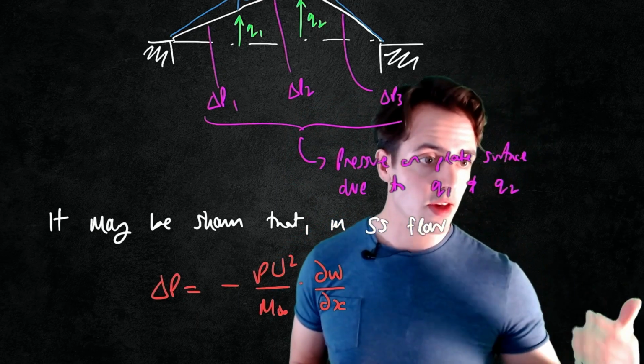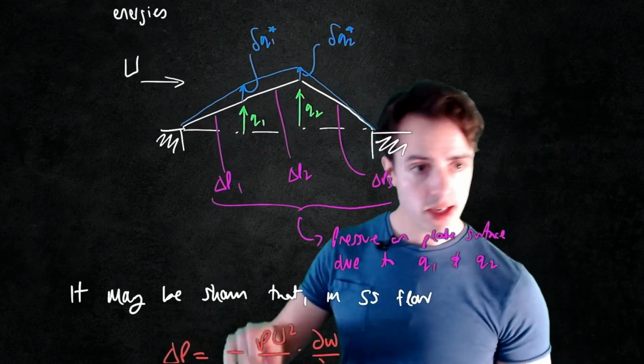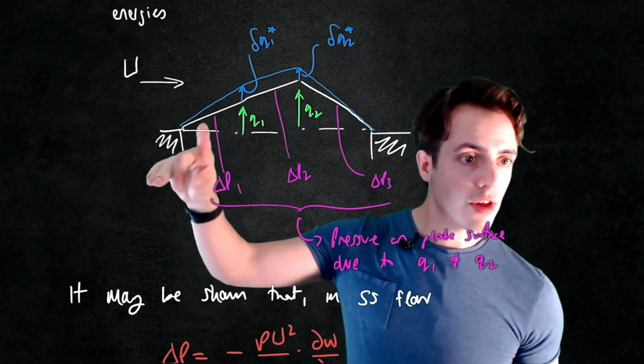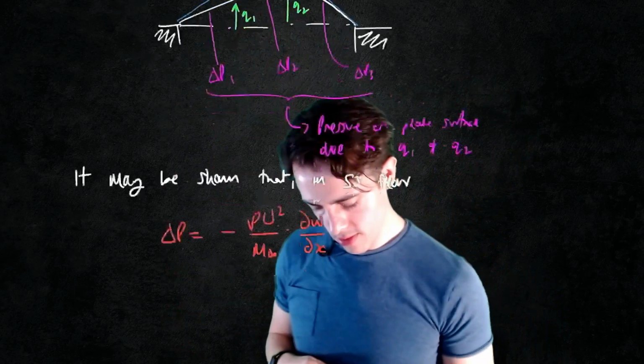So we need an energy associated with that, so we need the delta P multiplied by the variation of W because of these small arbitrary infinitesimal amounts.